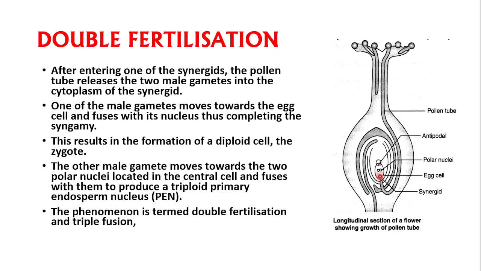This process of fusion of two male gametes with one egg cell and two polar nuclei is called double fertilization and triple fusion. Clear? Very, very important from the NEET exam point of view.